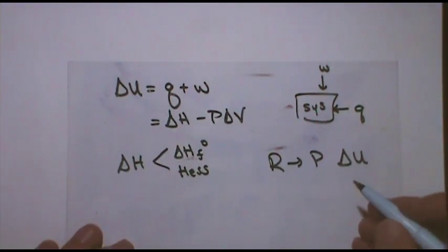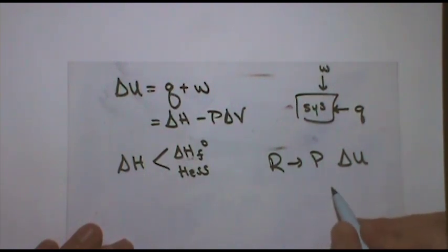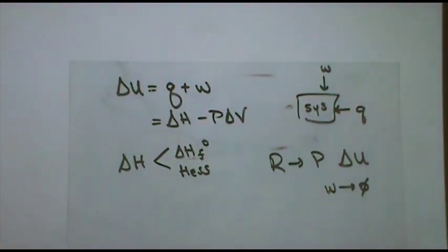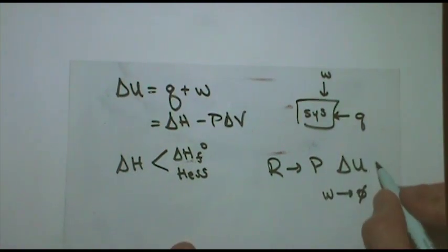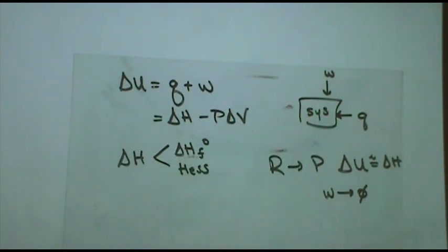However, in a constant pressure system, work approaches zero compared to the other terms. So it turns out that delta U is approximately equal to delta H. So for reactions and anything we do in chemistry, we're talking about delta H. So that's why we've always found ways to determine delta H.